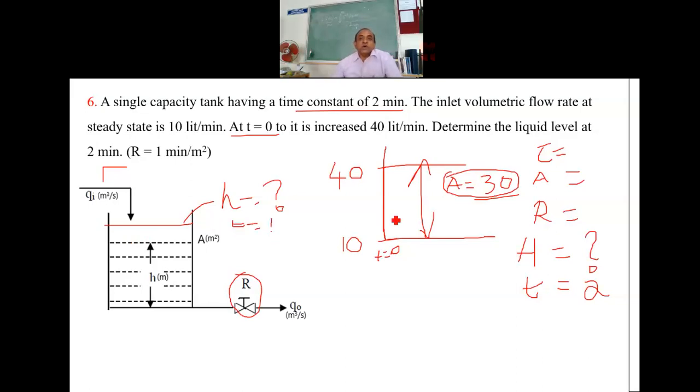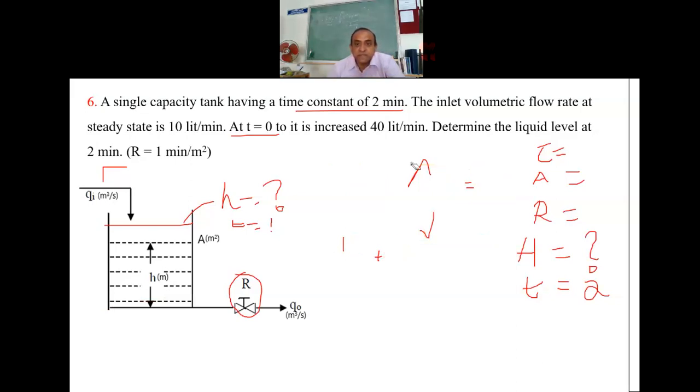Let us try to solve this problem. What do you need for this? First you need a transfer function. I'll erase this. These are the data given.